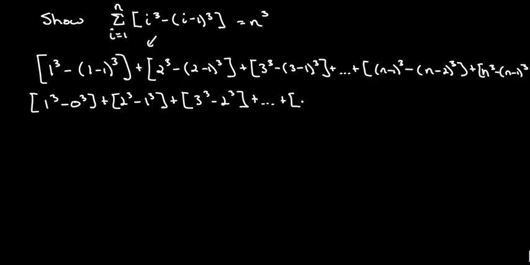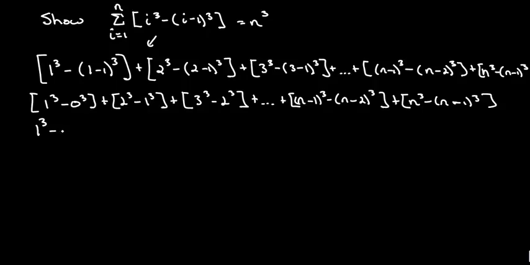I'll do n minus 1 to the third minus n minus 2 to the third, and then I'll do n to the third minus n minus 1 to the third, like that. Now I don't need these brackets in here anymore because it's all addition, subtraction here, so I'm good there.